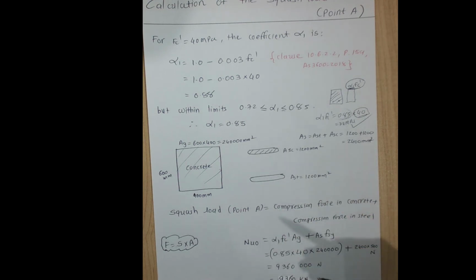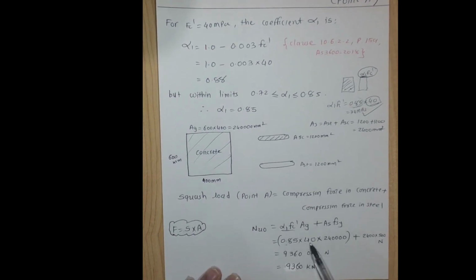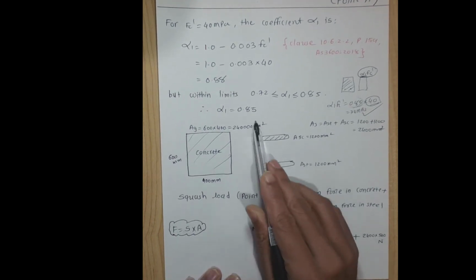How much load will it be carrying? That is the stress of the concrete times the area of the concrete. So the stress is alpha 1 FC dash, which is your 34 megapascals, not 40 megapascals. The Australian standard says you can't take 40 megapascals.